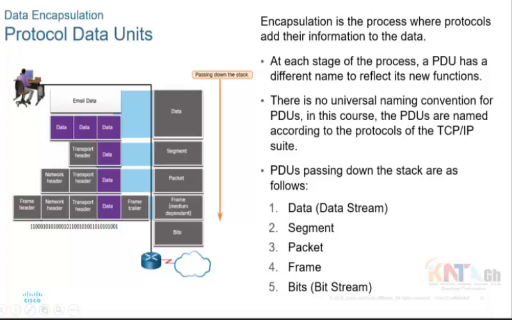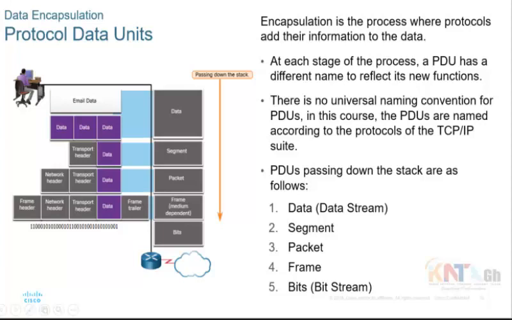So they leave layer 1 to layer 2, and the encapsulated bits are called a frame. Now when they move from layer 2 to layer 3, they are encapsulated frames, and at layer 3 we call them packets. So each layer does its encapsulation of the data that has to be sent.